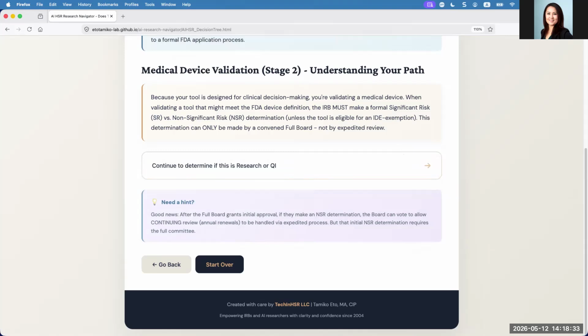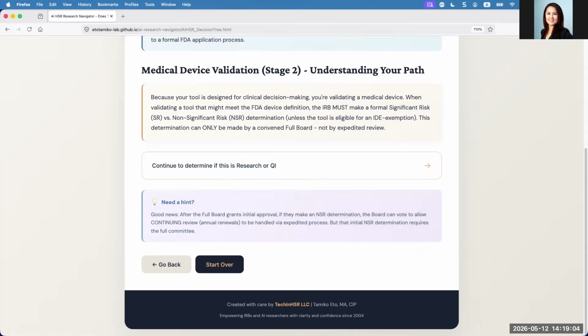Okay, now device validation. Now we know we have a device, so now we have to do device validation. It's telling us something important: validating a medical device requires a full board review so that the board can make an SR/NSR determination, in other words, that significant risk or non-significant risk determination. The board has to make that determination. It cannot be done under an expedited review.